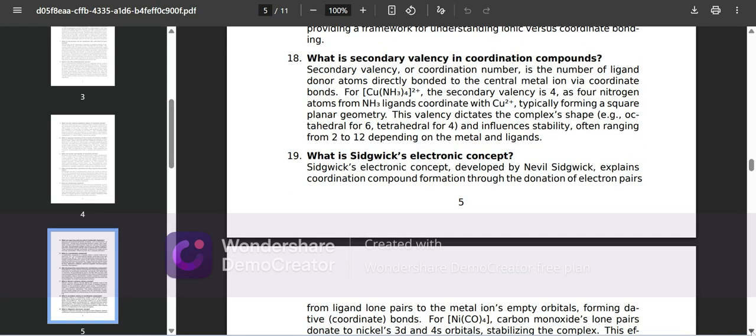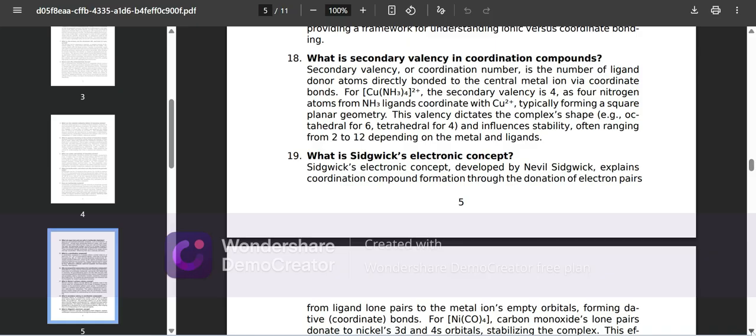What is the secondary valency in coordination compounds? Secondary valency, or coordination number, is the number of ligand donor atoms directly bonded to the central metal ion via coordinate bonds. For Cu(NH3)4 2+, the secondary valency is 4, as four nitrogen atoms from NH3 ligands coordinate with Cu2+, typically forming a square planar geometry.